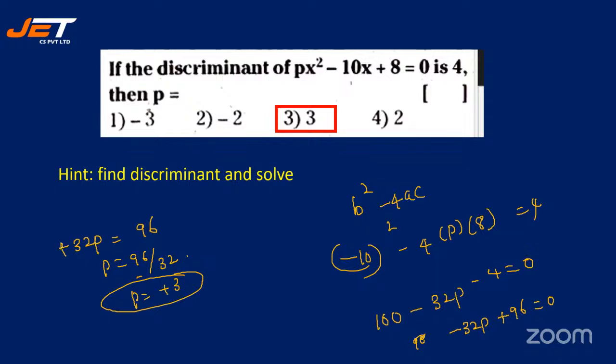Correct. Answer is option 3. Right? So when this plus 96 goes to the other side, it becomes minus 96. So minus minus gets cancelled. Okay, let me see how many of you have given me the right answers. Yeah, Boya, Nikita, Raju Yadav, Narasimha. Many have given me the right answer.